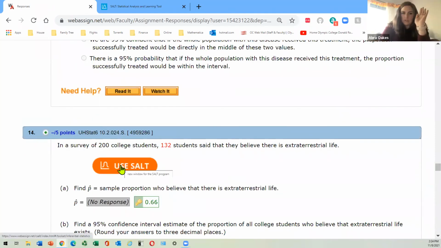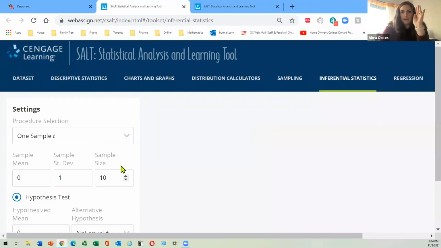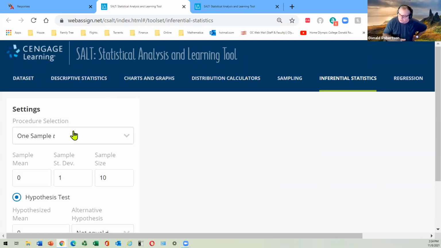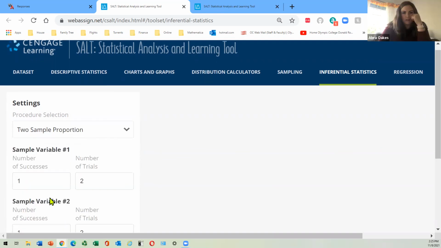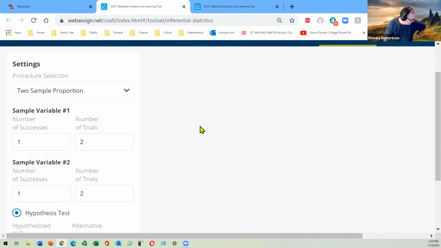It's really just generating SALT and utilizing that. So let's suppose you had boys against girls, and boys were 14 out of 50, and girls were 15 out of 60. You had two different proportions that you wanted to compare, so you do two sample proportion. And the boys were, I'm making these numbers up, 25 out of 60 of them have broken a bone in the last 10 years.